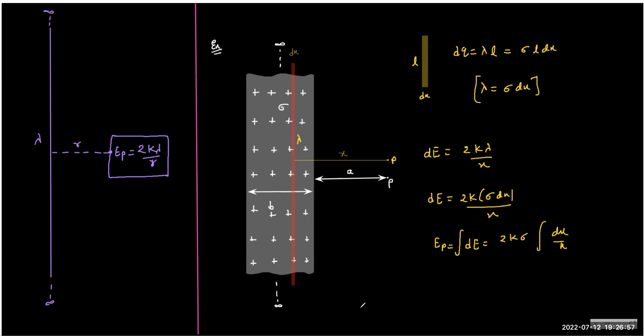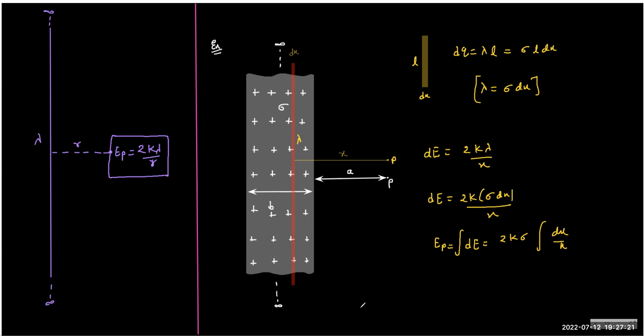A part of a charge. It is representing the elementary you have taken from the point P. How far the elementary is located from the point P. X distance away from point P. Do you realize this?